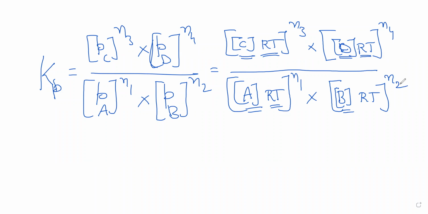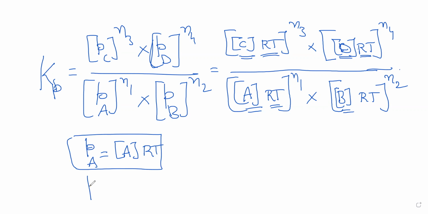So what is the basic idea? The partial pressure of A is nothing but the concentration of A multiplied by RT. Any partial pressure of any X is given by the concentration of that particular X multiplied by RT. This is the basic idea from the ideal gas equation.